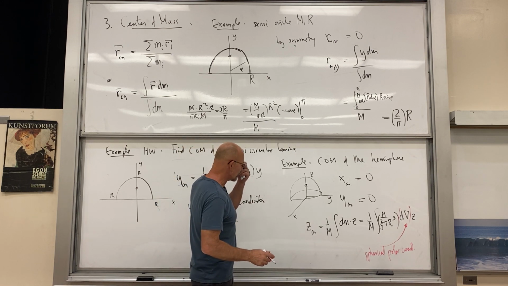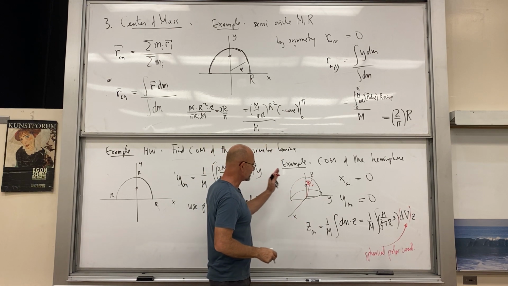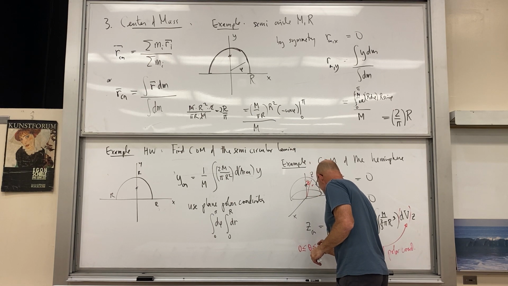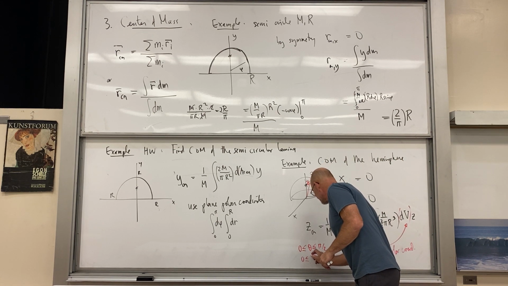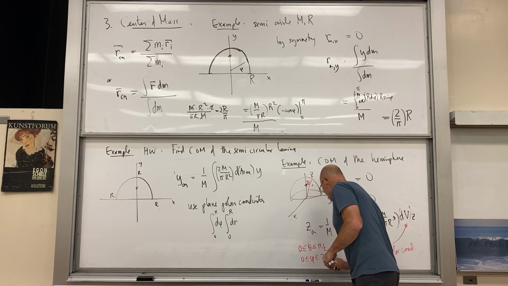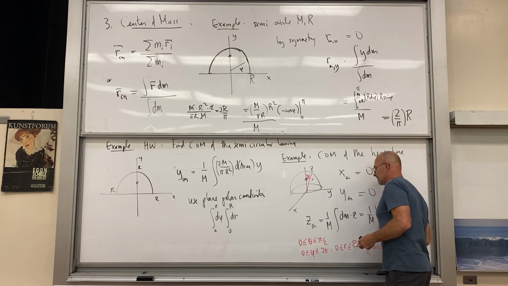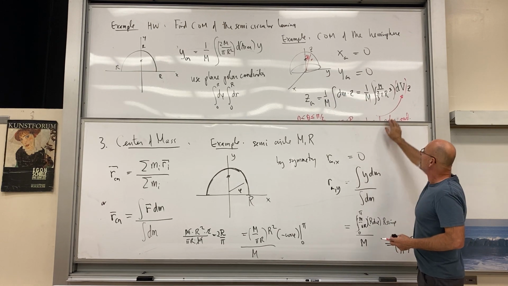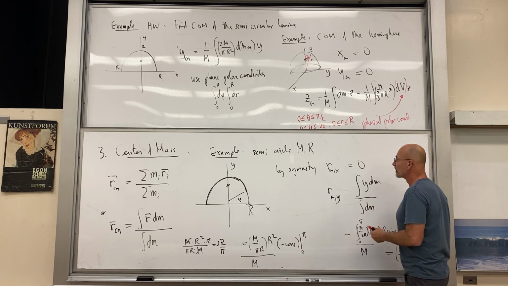You can use the standard spherical polar coordinates, so z would be r cos theta, and your integration, theta goes from 0 to pi over 2, phi goes from 0 to 2 pi, and r goes from 0 to capital R. So those are the integration bounds.